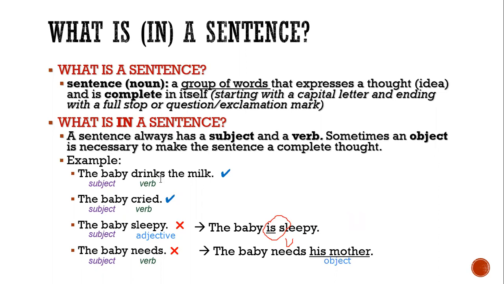Even though if we just make the baby drinks, right, and we don't write the milk in here, it will still be a correct sentence. But if you just say the baby, the milk, of course, that's not correct because there's no verb here. Okay? All right, so let's move on to the next part.